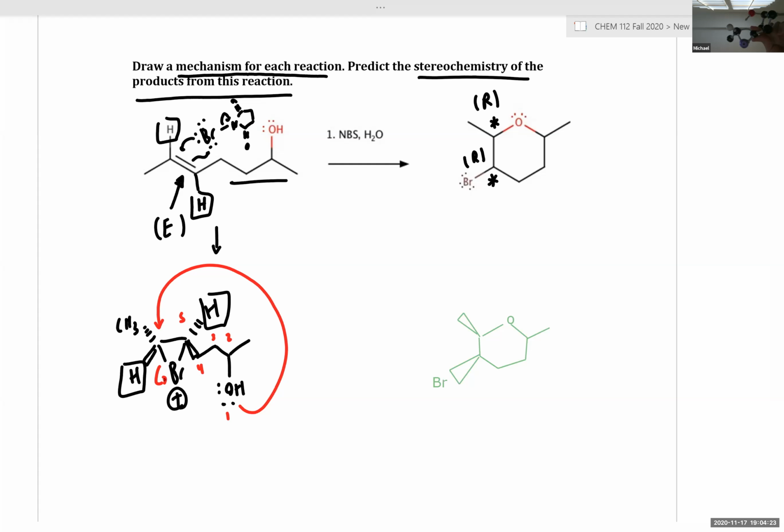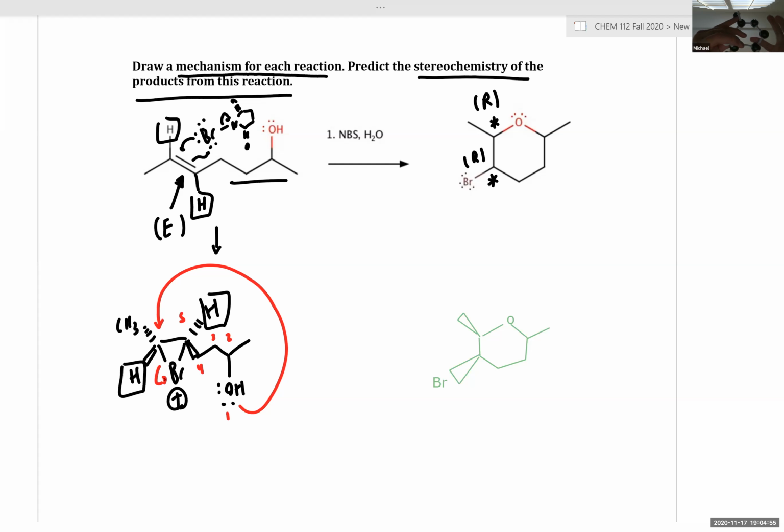Same or opposite side? What's our rule for halohydrin formation? Does the attack occur on the same side of the bromonium intermediate or the opposite side? Do we get cis or anti products? Attacks on the opposite side. So we end up with an anti product distribution.